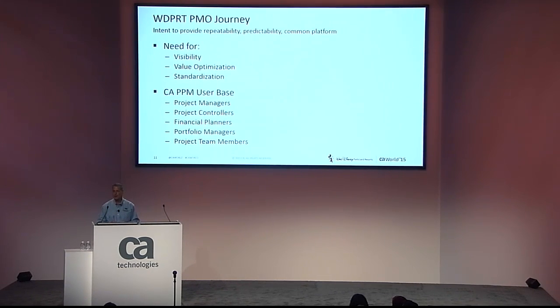That ultimately drove standardization as a need, an intent to provide repeatable, predictable, common visibility and platforms so that our executives, our teams, and our individuals didn't have to relearn a new way to manage our projects. Essentially, it allowed us to indicate that the variability would remain in the types of projects we deliver, not in the foundational project management practices employed to execute those projects.